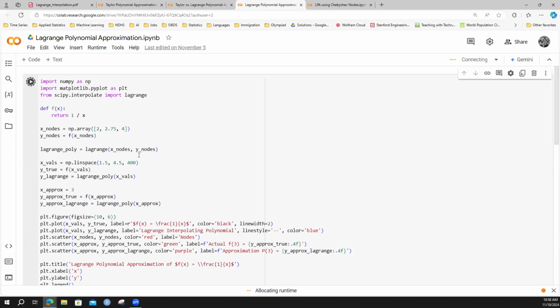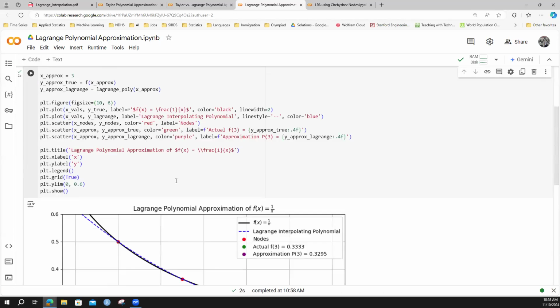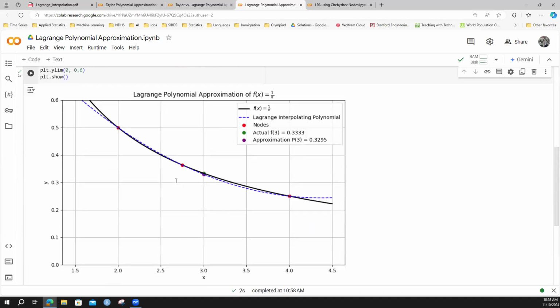Okay, over here I'm applying this code for the function 1 over x in the range, with nodes 2, 2.75, and 4. These are my 3 nodes, and I'm going to see the whole graph, what happens. All right.